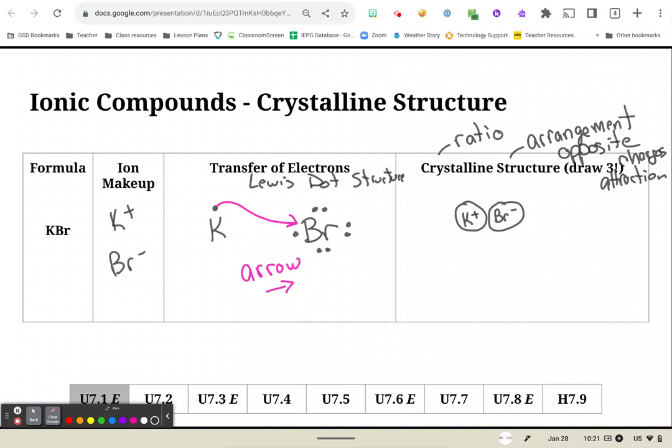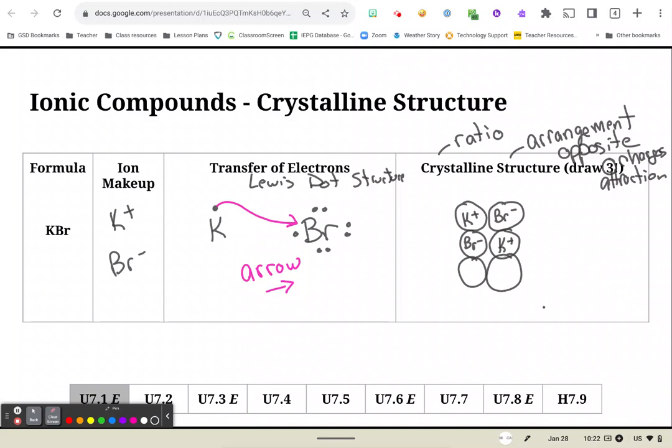So then I need to draw, that's just drawing one of them, and we want you to draw 3. So then the second one I'm going to draw it right below. You have some options. I'm going to just start stacking them. But then I can't put the K+ next to the other K+. Those are not going to attract. They're going to repel. So I have the Br-, and then the K+.